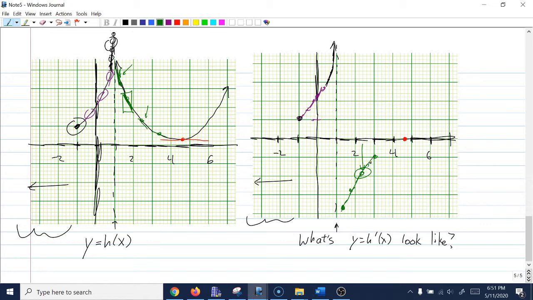If I sketch these dots connected, I'll get something like that. What's happening after 4.6? Now we're increasing a little bit, increasing more, so I get a small positive number, bigger, bigger, bigger. Something like this. The derivative should look something like this.